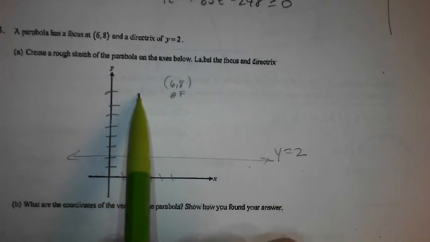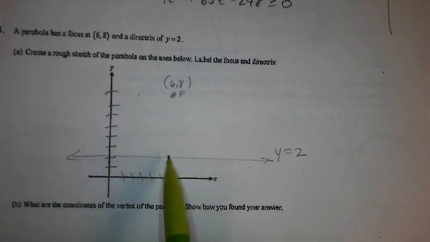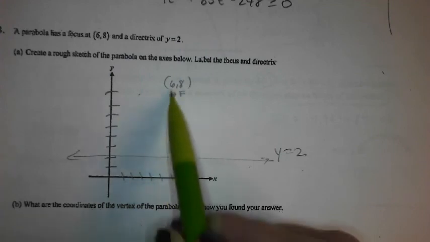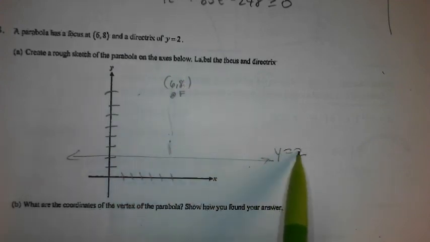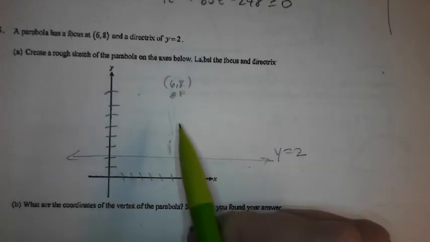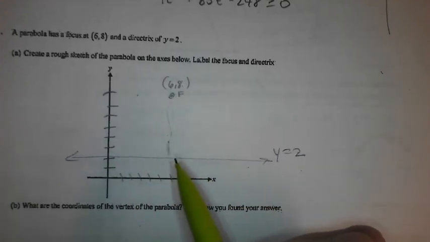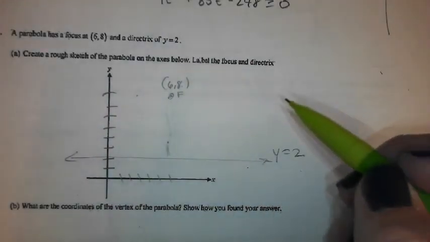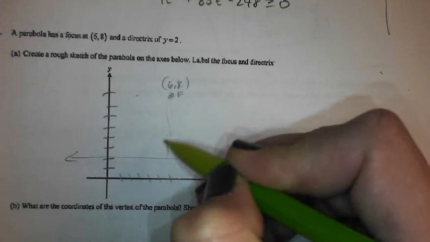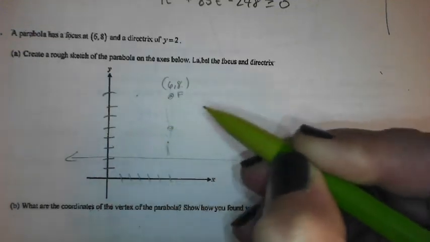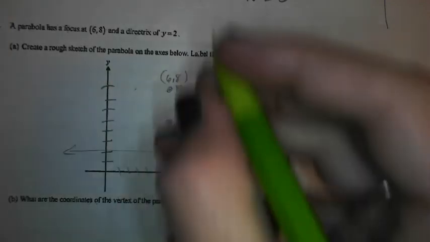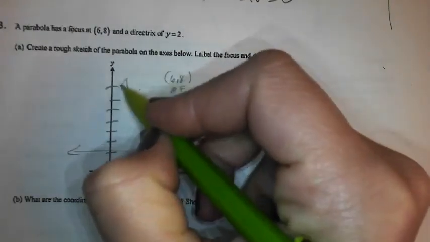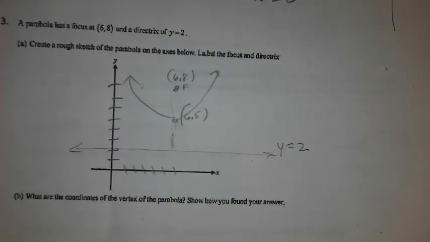Three, like here. 6, 4. 6, 4 is going to be 2 units away from this and 6 units away from that. We need to be halfway between 8 and 2. Average 8 and 2. The average of 8 and 2. Did you get 6, 5? Then this is going to open up, and then you go ahead and you write the format.